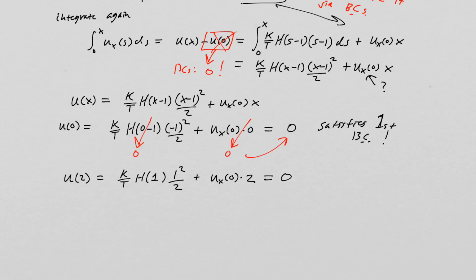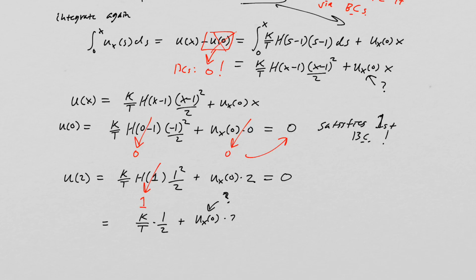All right, now here's where we need to make a really important insight, that this, of course, is going to be 1 now, okay? So what we have here is, if we put this all together, we're going to get k over t times 1/2, right? Plus ux at 0, the thing that we don't know yet.